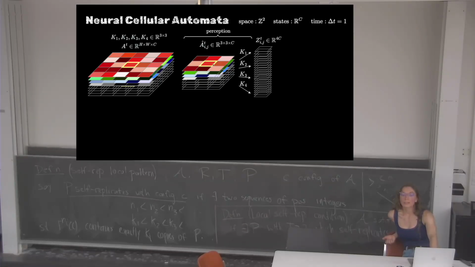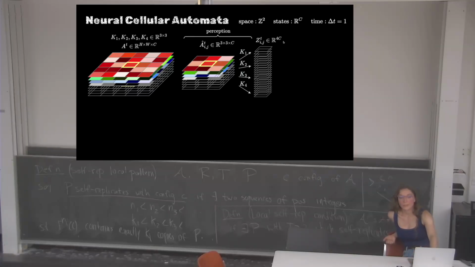Then we do exactly the same with the second kernel, which gives us the next C values that we just concatenate, and we do that for the third and fourth kernel, so that we just end up with a vector from R to the power of 4C.